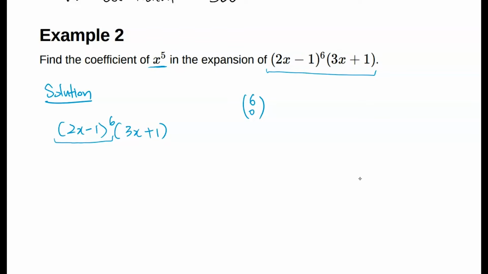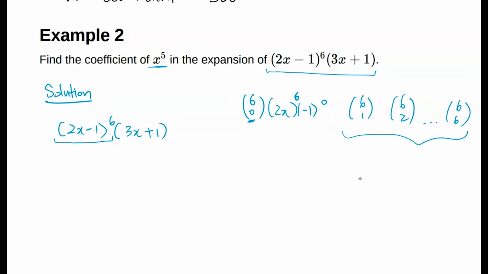That's the first one: 6 choose 0, it will be 2x and then minus 1, with powers 0 and 6. That's our first term. The second term will be 6 choose 1, then 6 choose 2, all the way until 6 choose 6. Because it starts from 0, 1, 2, 3, 4, 5, 6, we're actually going to have 7 terms in total.